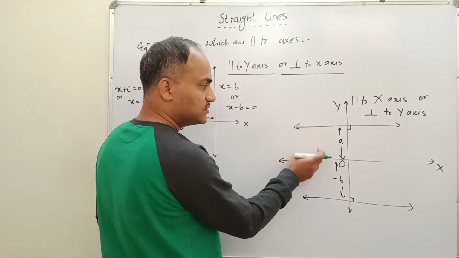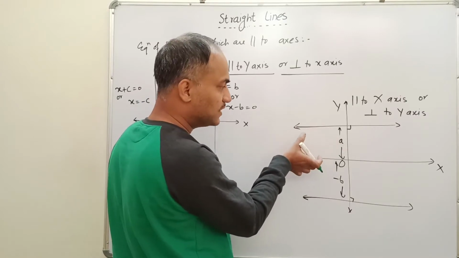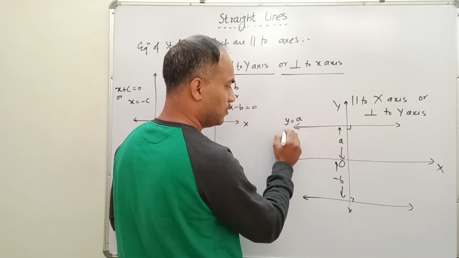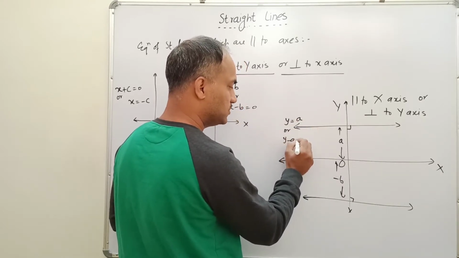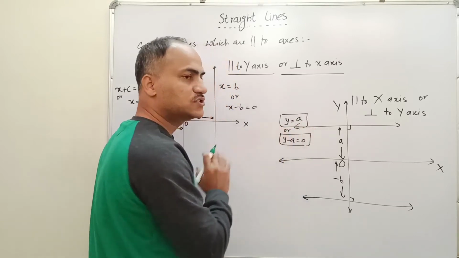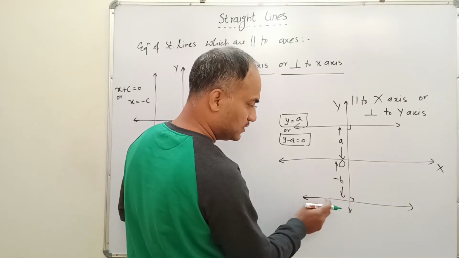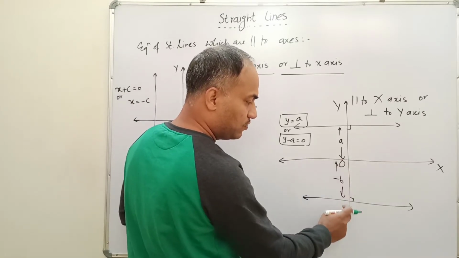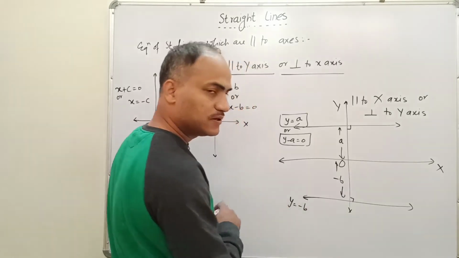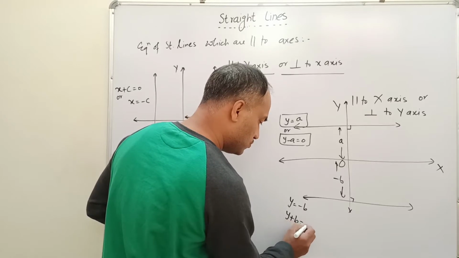So on the y-axis, if we count how much intercept this line is cutting, it is y is equal to positive a, or we can say y minus a is equal to 0. This is the equation of this straight line. Similarly, for this line on the y-axis, it is cutting y is equal to minus b intercept, or we can say y plus b is equal to 0.